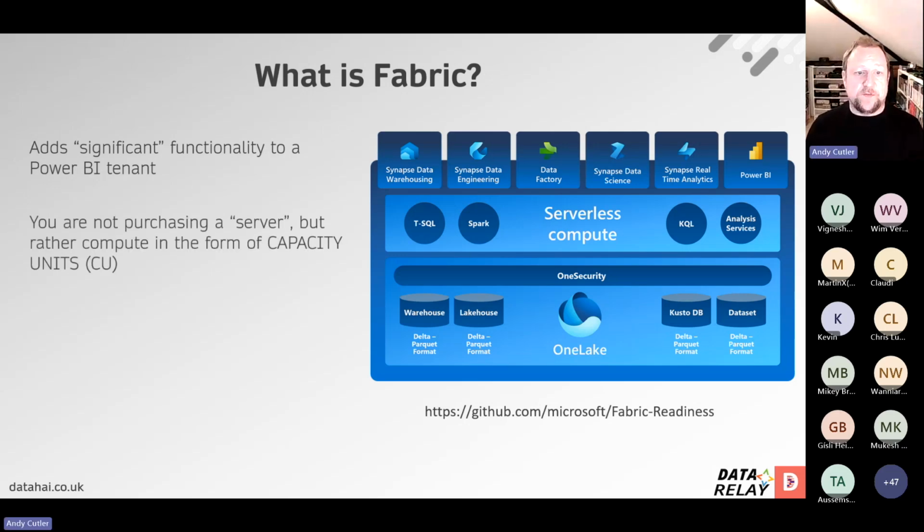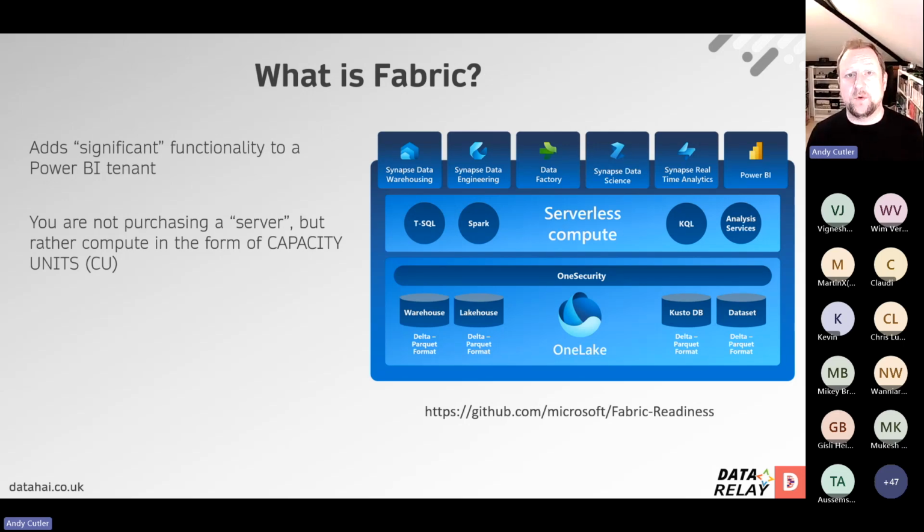You don't purchase servers, you purchase compute. And we've got another acronym, CU, capacity units. Premium, or a P1 Power BI tenant, is an F64. Now, the reason that we've got a high number in terms of an F64 is that these SKUs, or these tiers, go all the way down to an F2, which is a tiny compute.